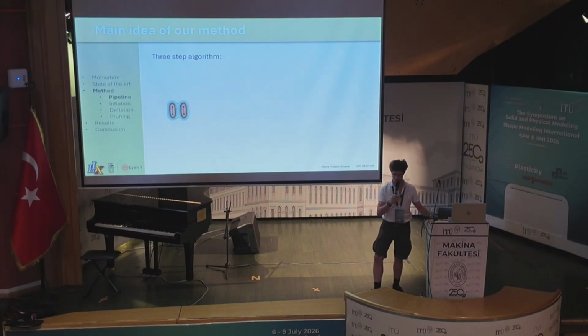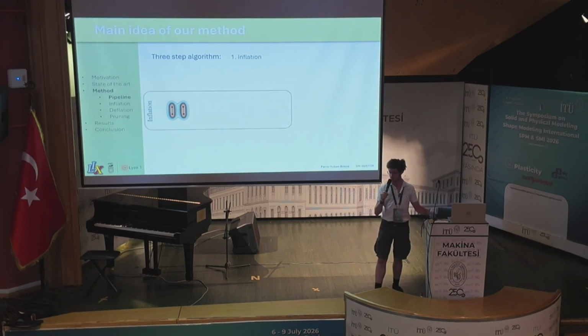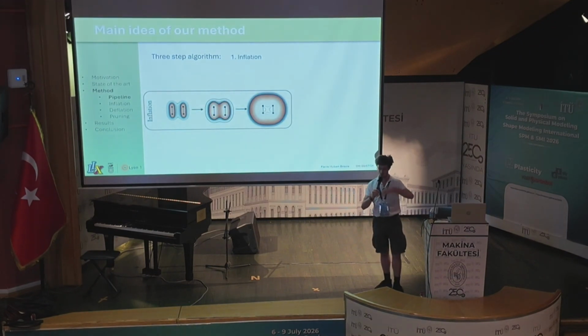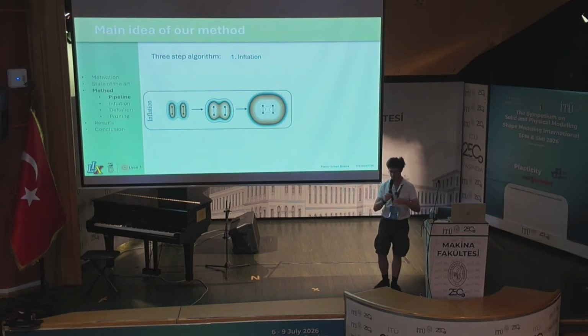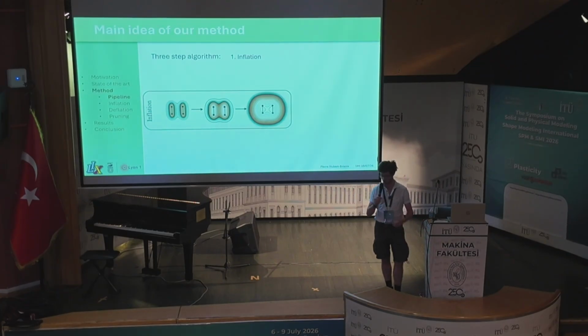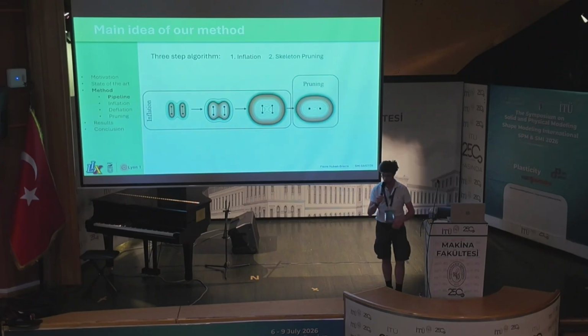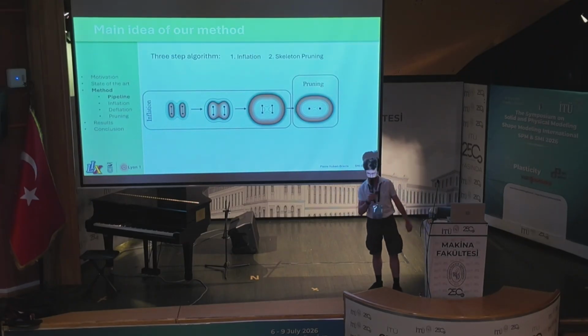Our pipeline works as follows. It's a three-step framework that starts by inflating the shape to smooth out the details, change the topology, and basically simplify everything. Then, because this is not accelerating anything, just inflating it, we remove some useless bones to actually speed up the process.